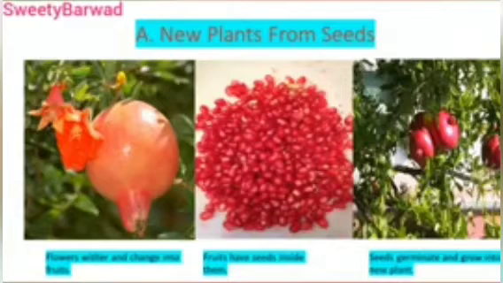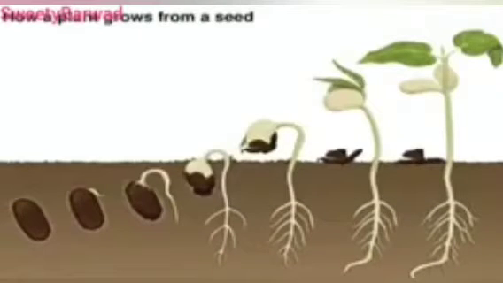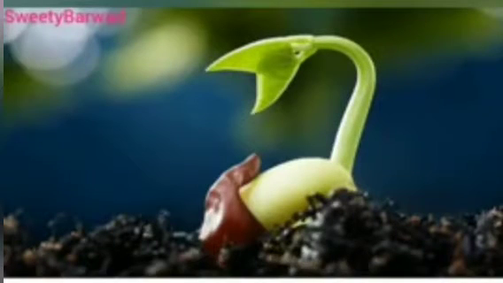Flowers wither and change into fruits. Fruits have seeds inside them. When seeds fall on the soil and get air, water, and warmth, they germinate and grow into new plants. The process by which a seedling or baby plant grows from a seed is called germination.